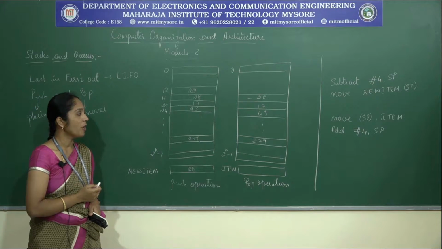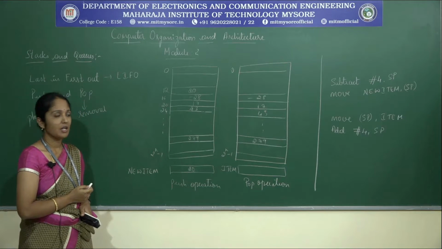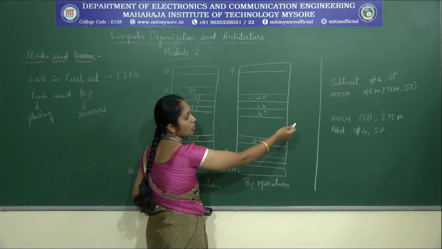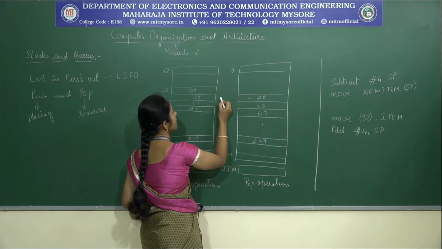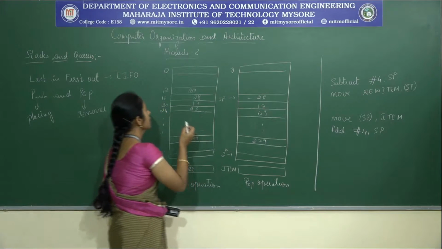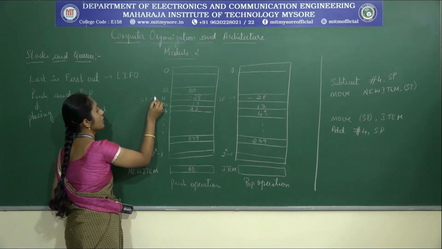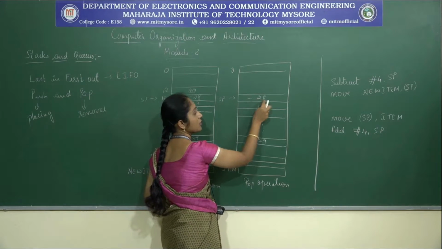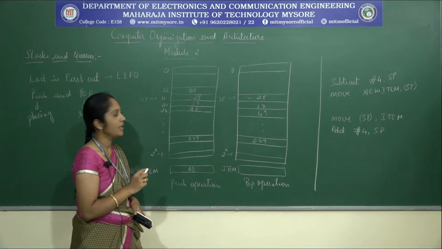Whereas if you consider the pop operation, we have to retrieve the data. Therefore, in the pop operation, move the contents of the stack pointer, which initially we assume is here. In this case also, initially the stack pointer is here, pointing to the top element of the stack. So we have -28 as the element.